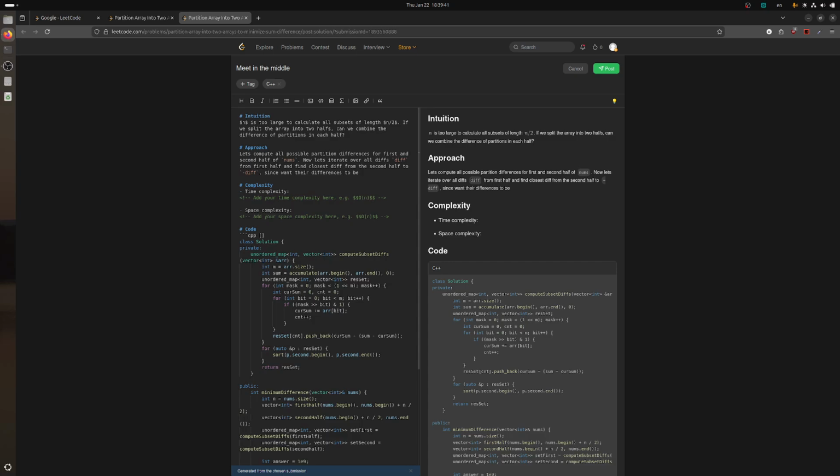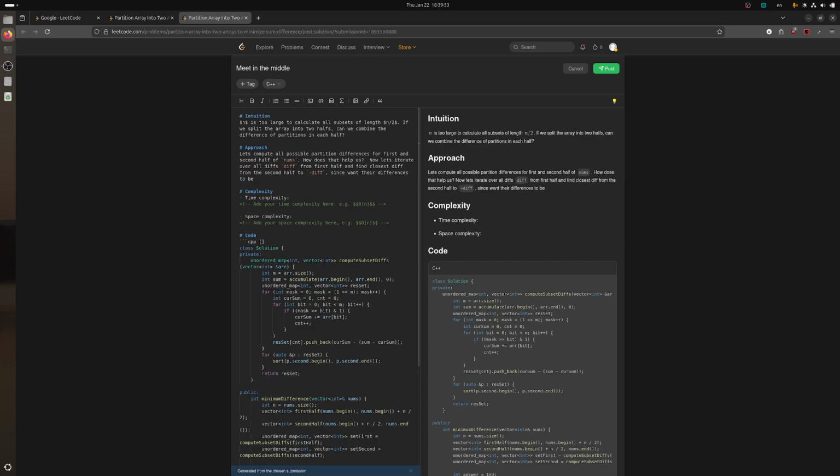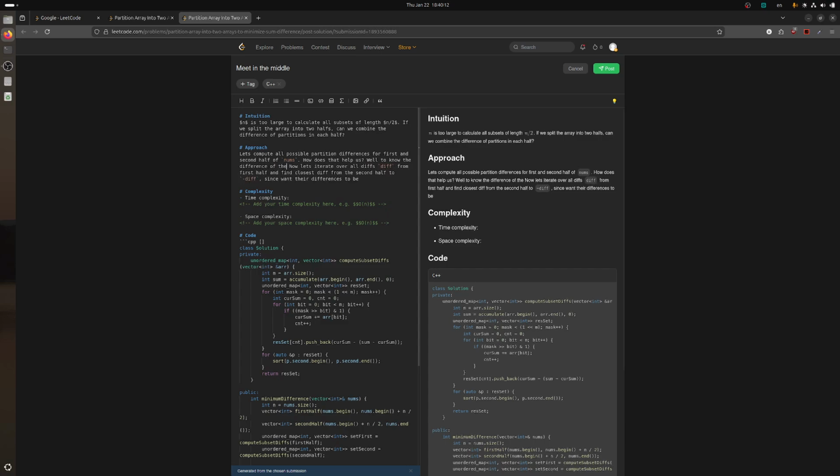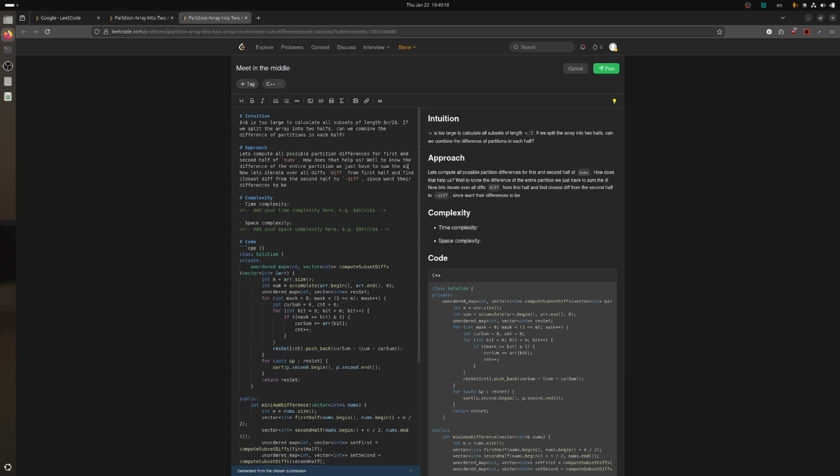Okay, so let's go partition differences for first and second half of nums. That helps us, well, to know the difference, the total difference of the entire partition, we just have to sum the differences of both partitions.